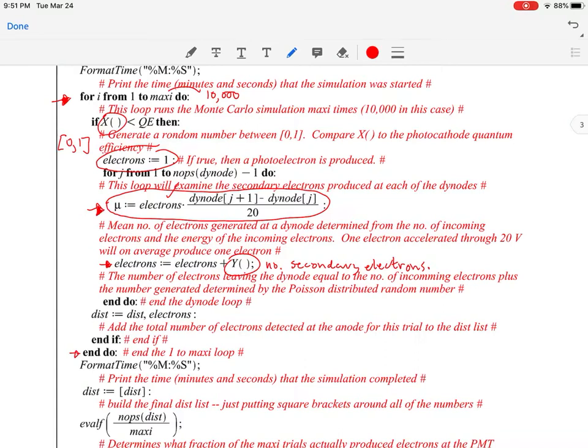Then we draw a random number from the Poisson distribution with the new mean, and we get the number of secondary electrons at the second dynode. And this goes all the way until we've done this for all 6 of our dynodes. Okay, and after that finishes, we have the number of anode electrons, and we're going to add that to a list.